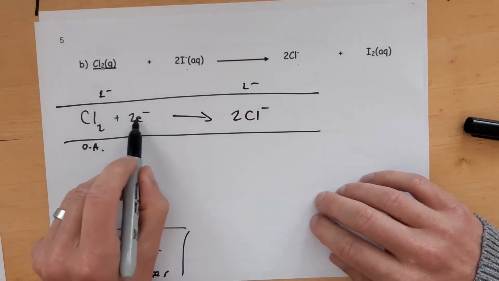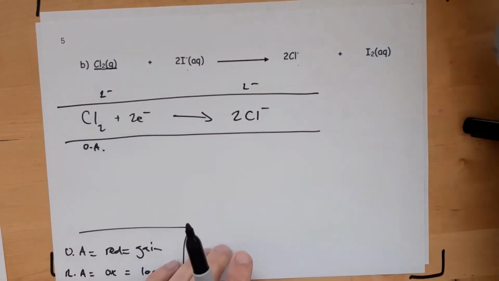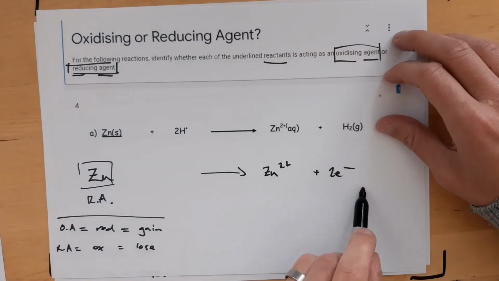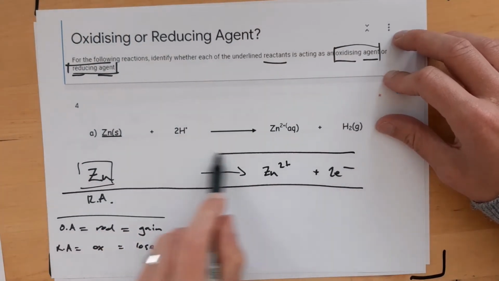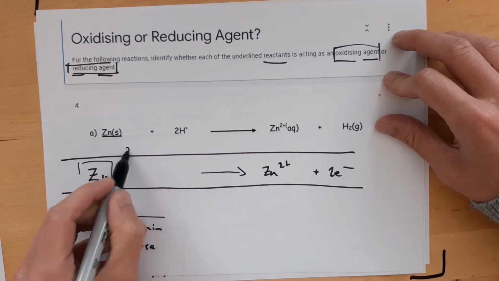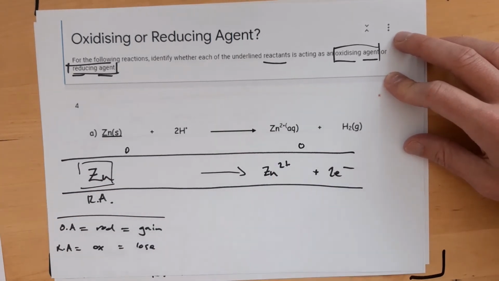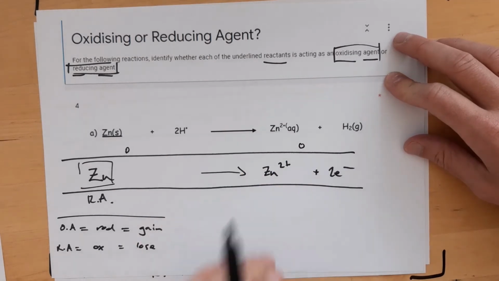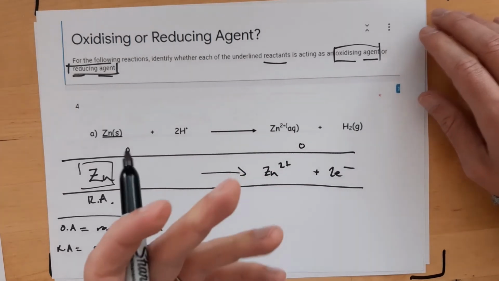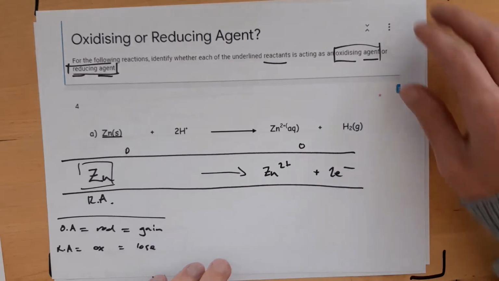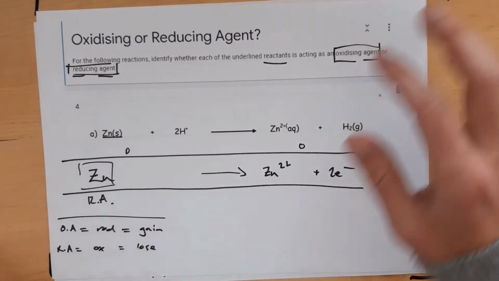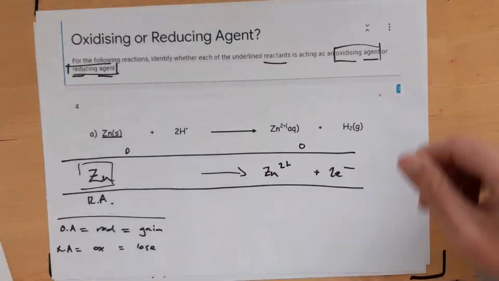So when I'm adding electrons, I'm trying to balance the charges on both sides. That works for this one here as well. The charge on this side is neutral. Here we've got 2 plus and a 2 minus added together, so it is also neutral. That's just one thing to remind yourself to help you when you're working out these ion-electron equations, or using the data book.